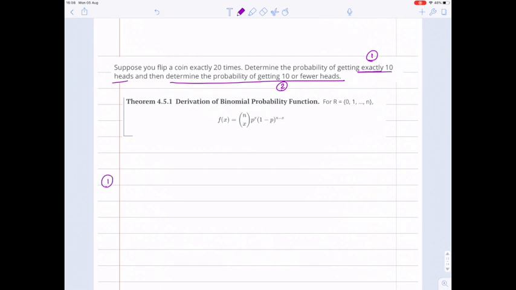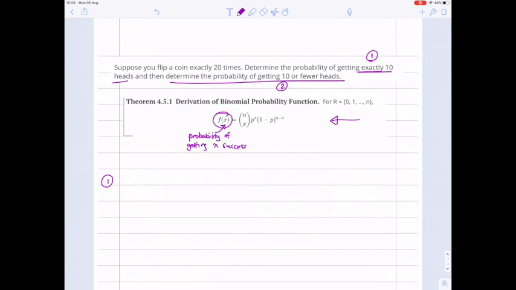So I've just copied here the formula that we need. So remember, x is the random variable we're interested in. In this case, our x is the probability of getting x successes.